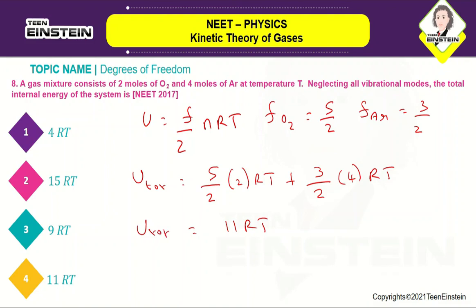So the total internal energy of the system is given by 11 RT. Okay, so why we are multiplying 2 and 4 is, here we have 2 moles of oxygen, and next thing is here you are having 4 moles of argon. So that's why I'm multiplying 2 and 4, and F for oxygen is 5 by 2, and for argon it is 3 by 2, so you are substituting it there.